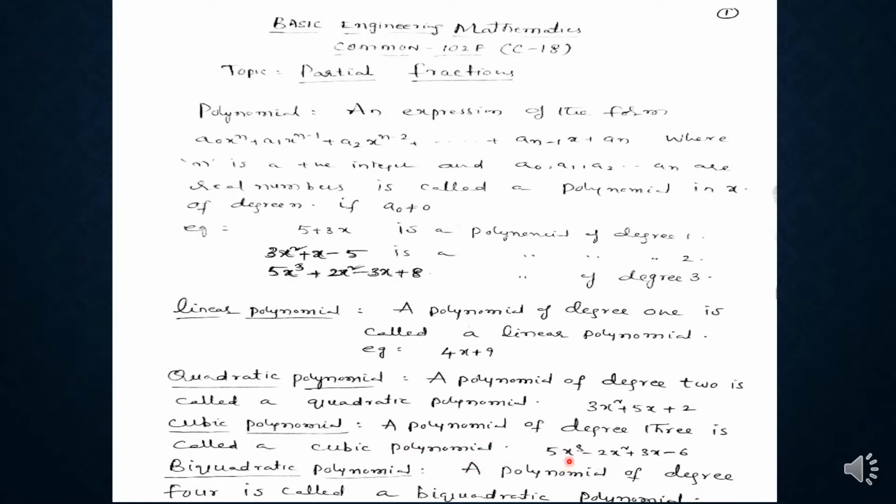For example, 5x cube minus 2x square plus 3x minus 6. Here the highest degree term is 5x cube, the power is 3. And a polynomial of degree 4 is called a biquadratic polynomial.